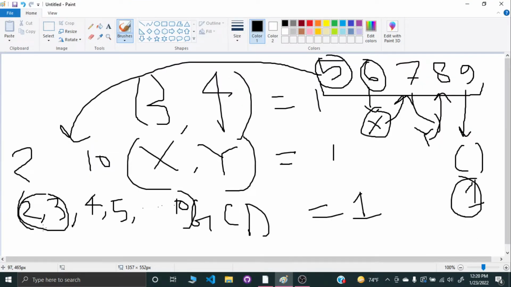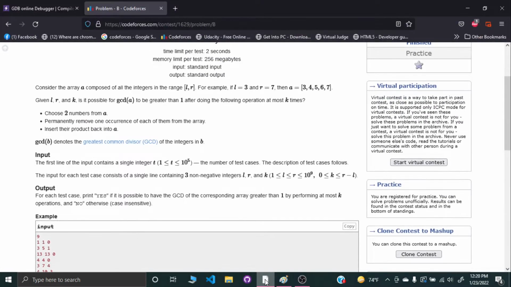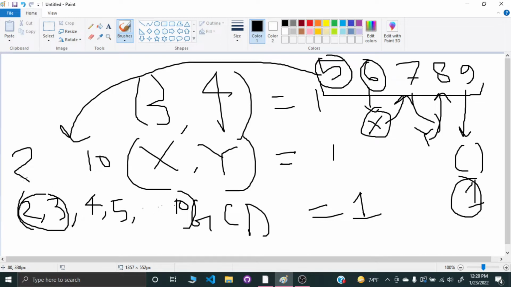As you can see here, 2 and 3 occur only once, so they're going to be removed. And you're going to insert something into the array, and that is the product of these two elements, 2 times 3, which is 6. So the new array would look like 6, 4, 5, 6, 7, 8, 9, and 10.